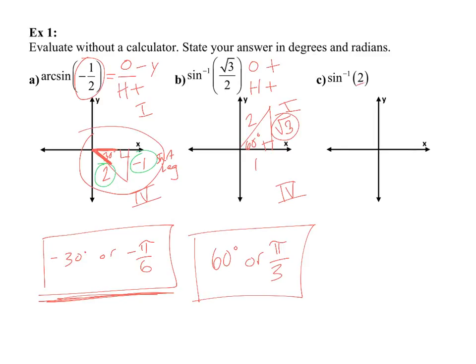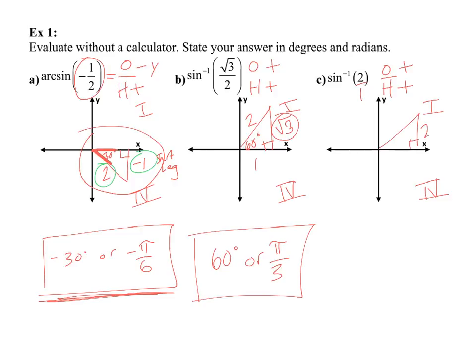All right, here I have 2 over 1. I have opposite over hypotenuse. Hypotenuse is positive. Opposite is positive. I'm only working in quadrants 1 and 4, so I'm constructing a triangle. My opposite is positive. That means I'm in quadrant 1.